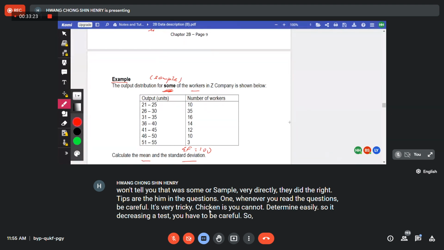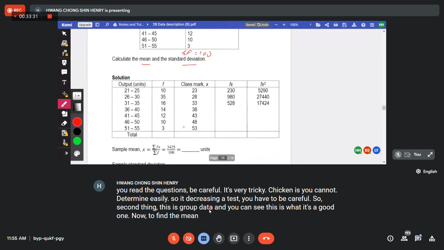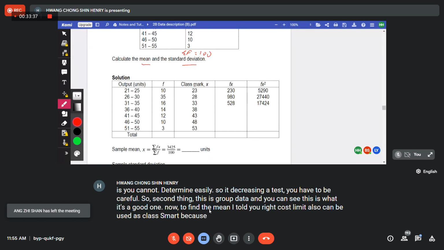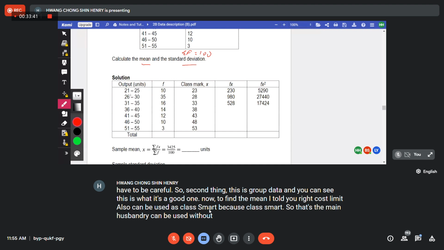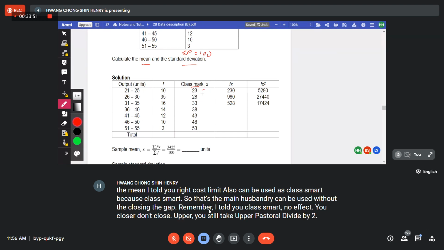So the second thing, this is group data, and you can see there's a gap. Now, to find the mean, I told you, right, class limit also can be used as class mark, because class mark, class limit and class boundary can be used without closing the gap. Remember, I told you class mark has no effect. You close or don't close the gap, you still take upper plus lower divided by 2.